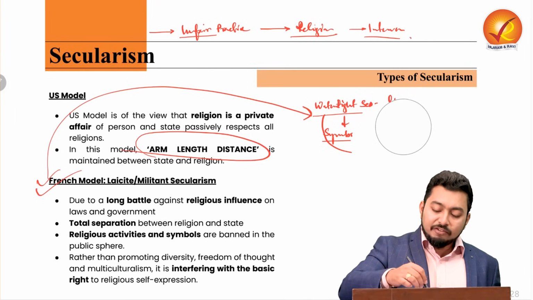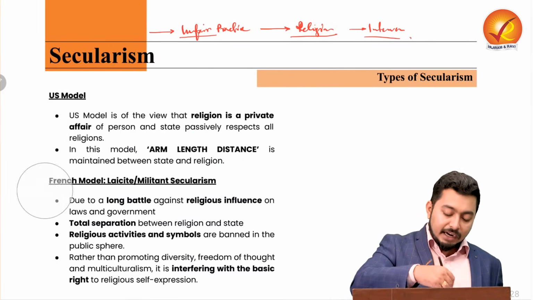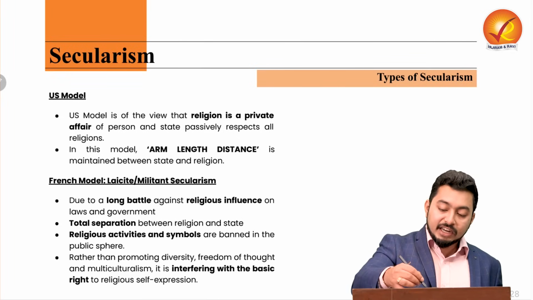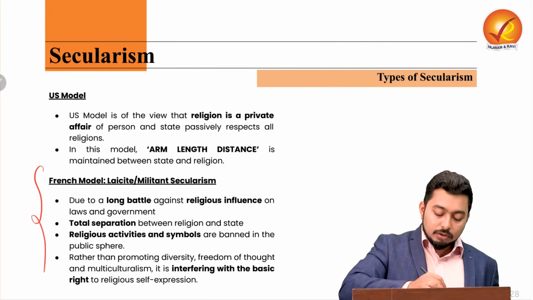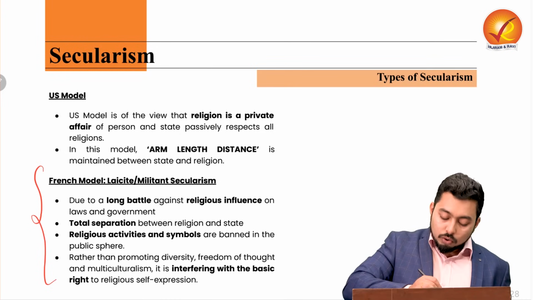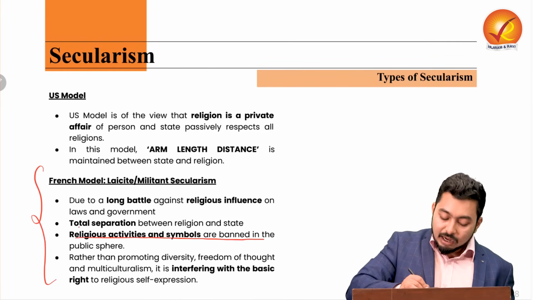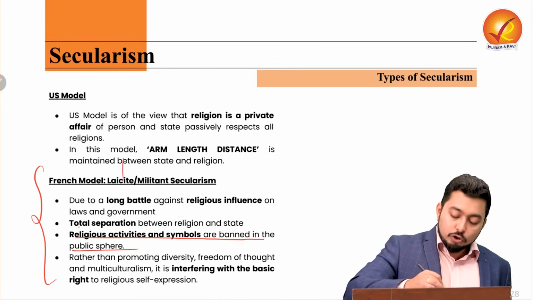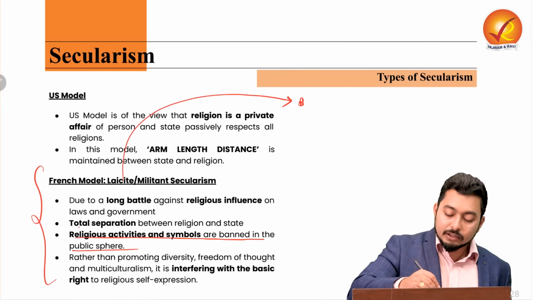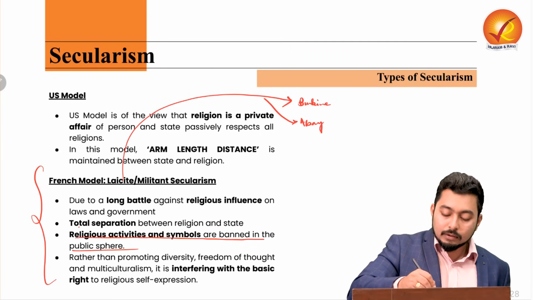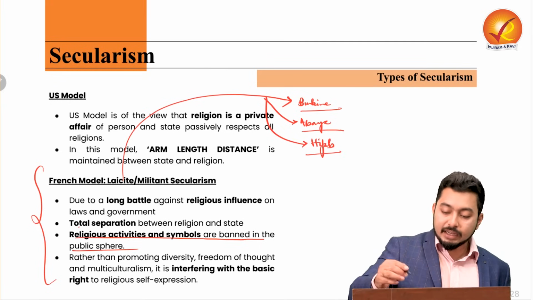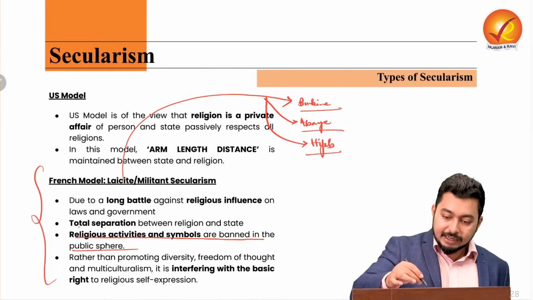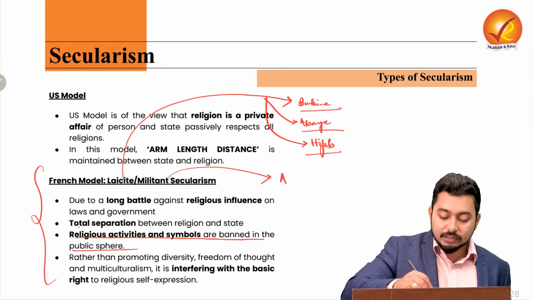That means the state will never intervene in religious affairs, and in the public sphere there should be no representation, no religious activities, and symbols are completely banned. Now, that also means that debates about, let's say, burkini, or abaya, or hijab are all very prominent. Why? Because the state wants some form of assimilation.